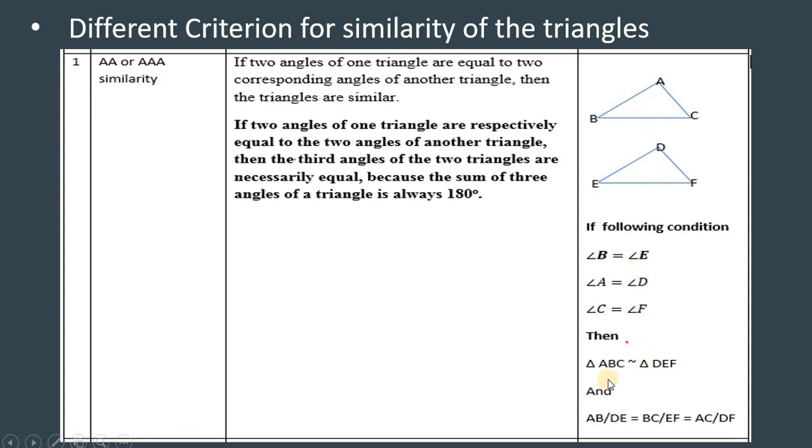So you write: triangle ABC is similar to triangle DEF.